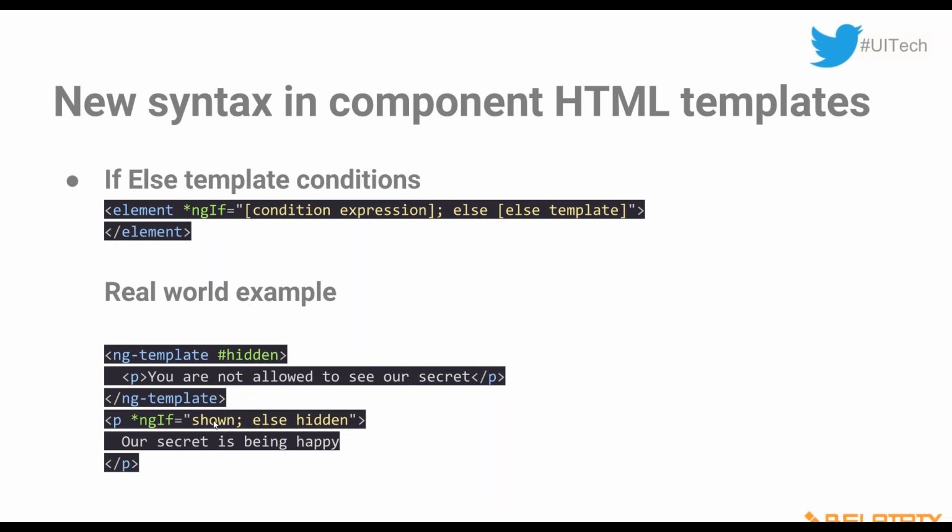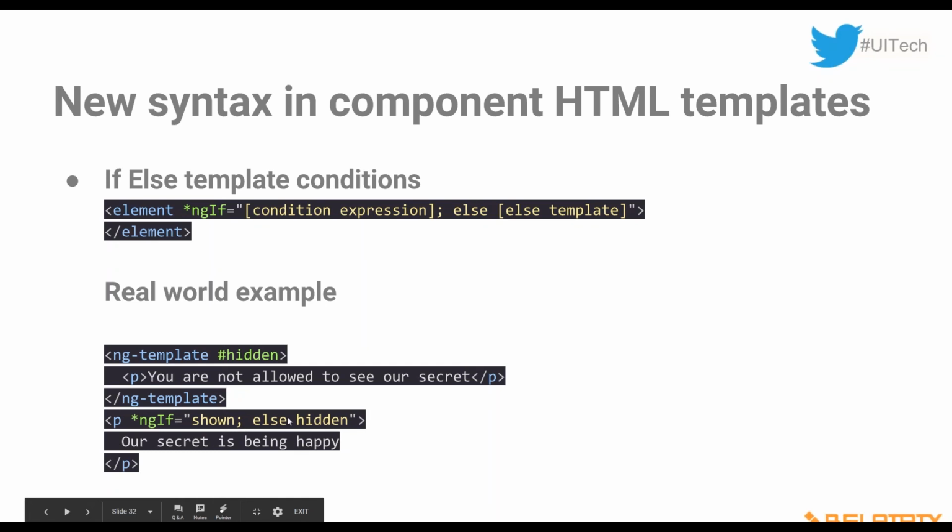It should be a boolean or any truthy value for JavaScript. And if it's evaluated to true, it will display this text. Else will replace the paragraph with the content of the template. So we are not going to be allowed to see the secret.